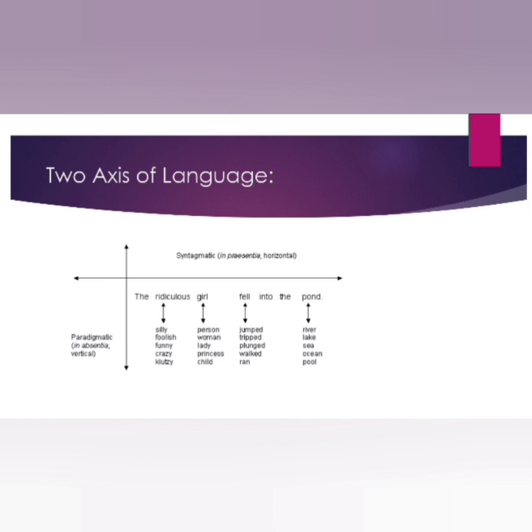And he compared these two axes with metaphor and metonymy. The paradigmatic axis is constituted by metaphor, where the words are substituted because of similarity, while the syntagmatic axis is replaced with metonymy, where the words are associated with each other.